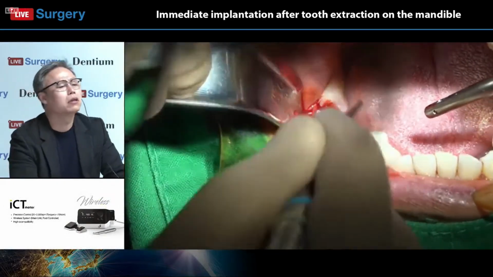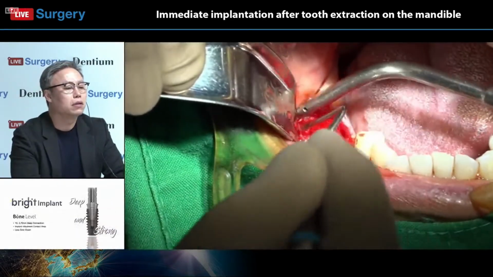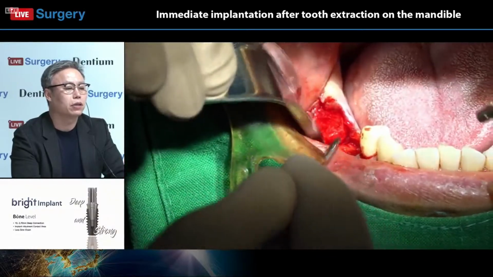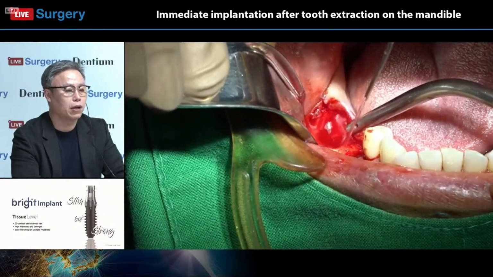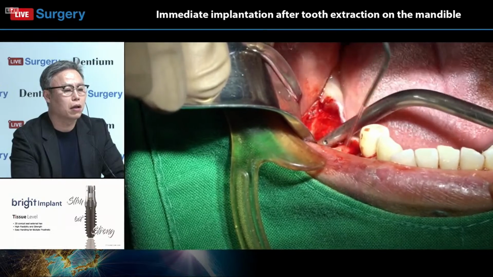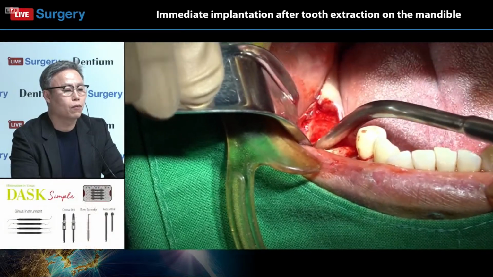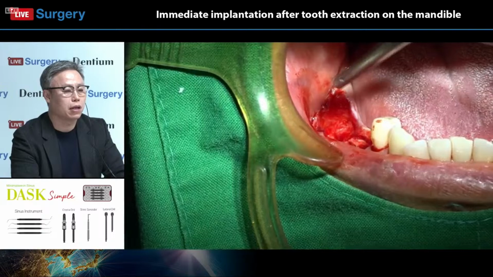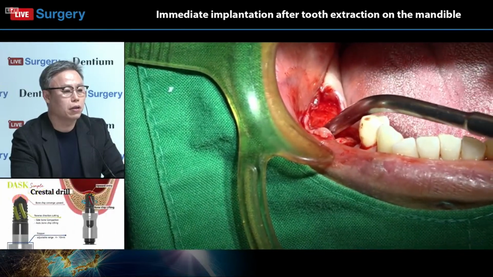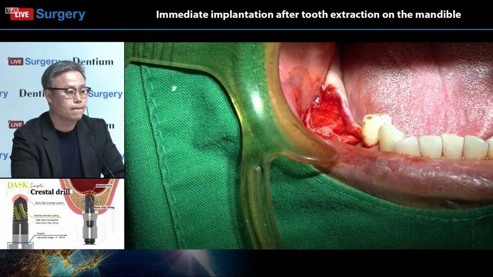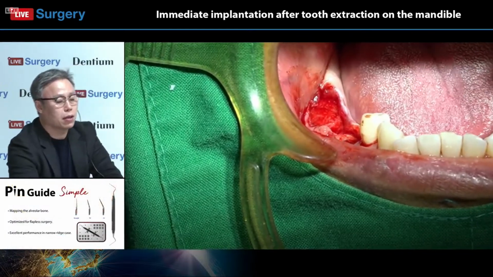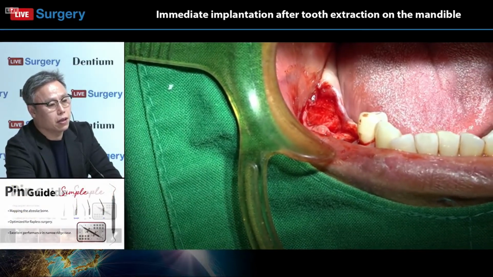He's using a smaller tip than the surgical curette, maybe looks like a bone file. And keep using the saline irrigation. You can see more clearly inside of the socket.